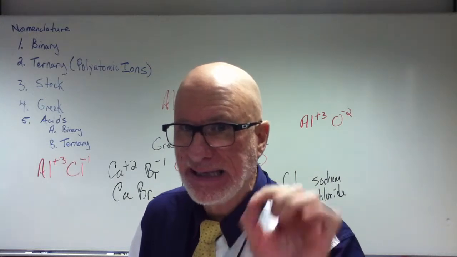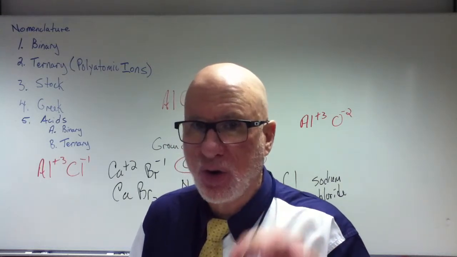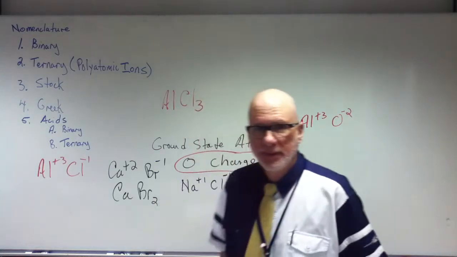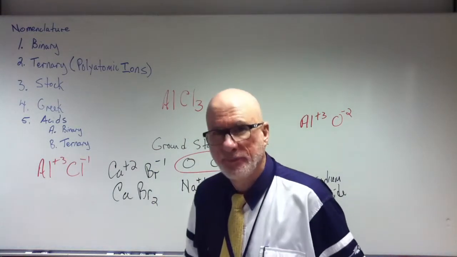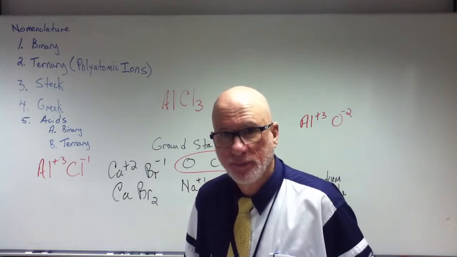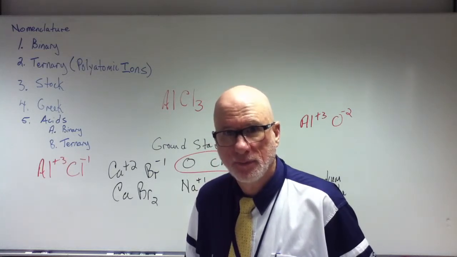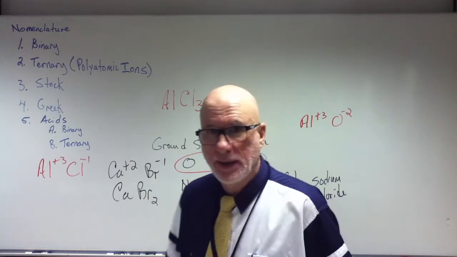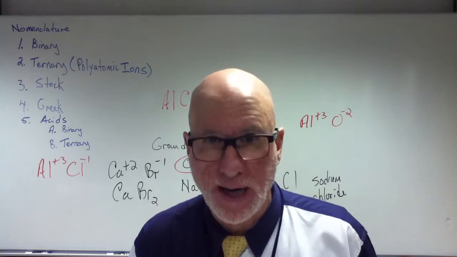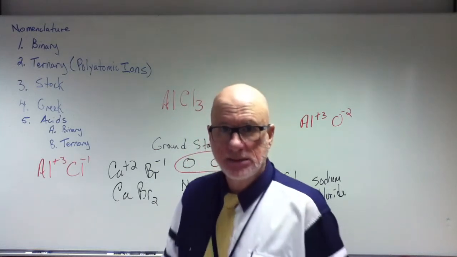Anions always use the suffix IDE. So give it to me. What's the name of that? I want you to do it alone. Aluminum chloride, right? Does that make sense? Okay.